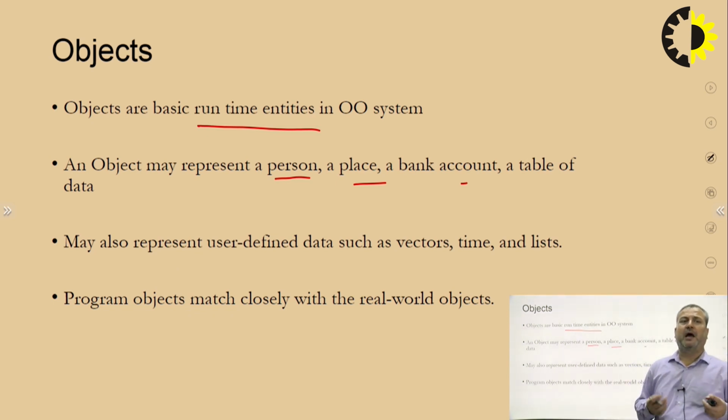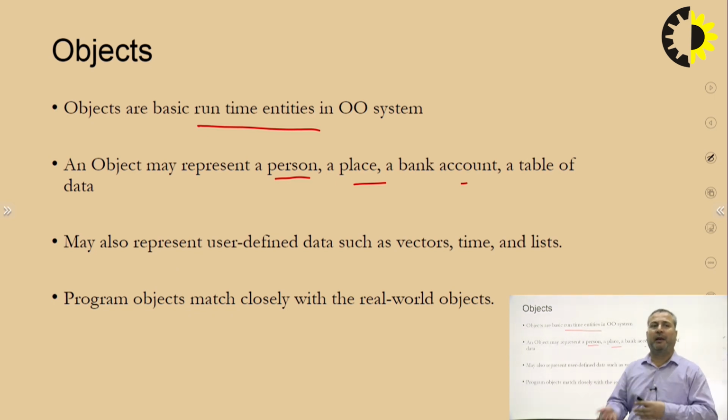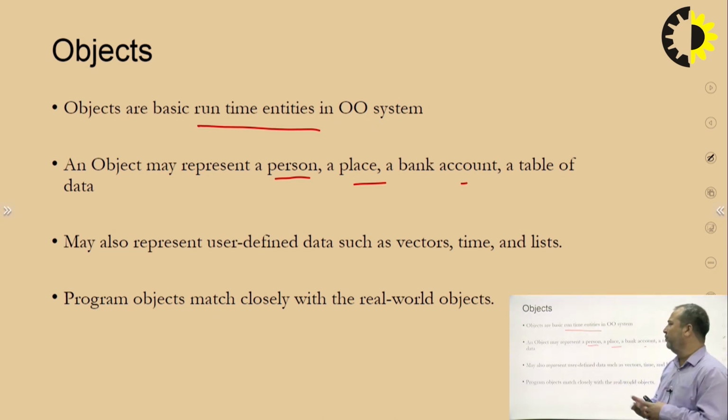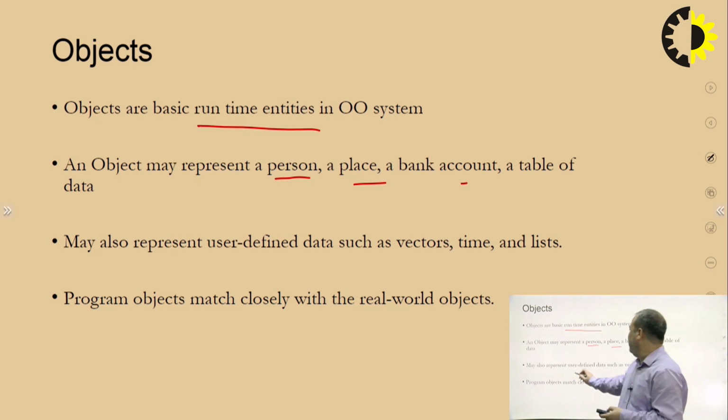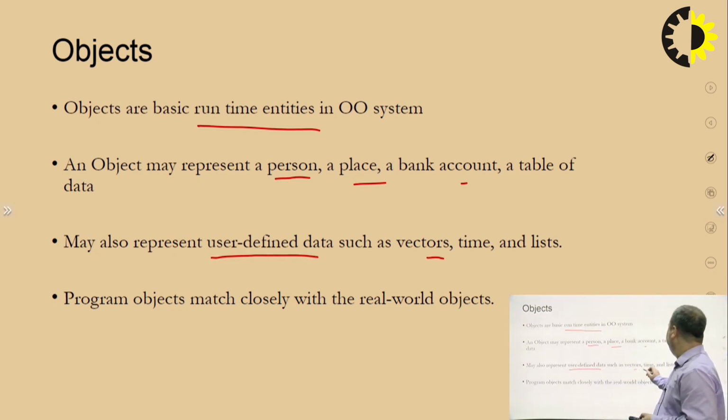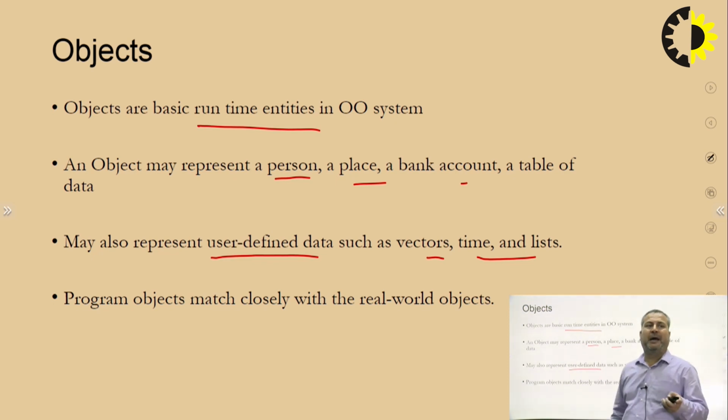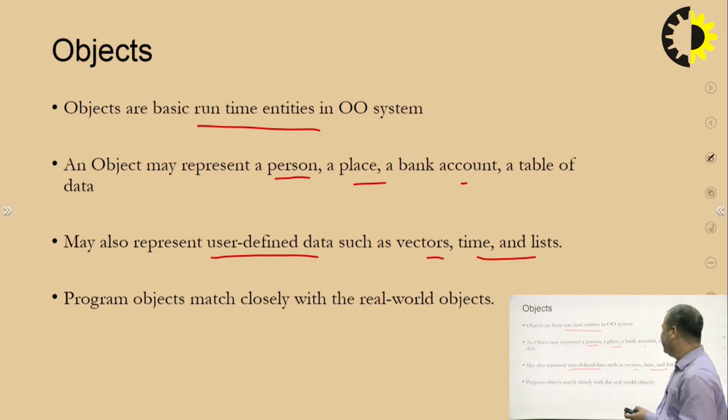We can think of objects as basically variables of type class, so they are the runtime entities. Objects may also represent user defined data such as vector, time, and list. Program objects match closely with real world objects.